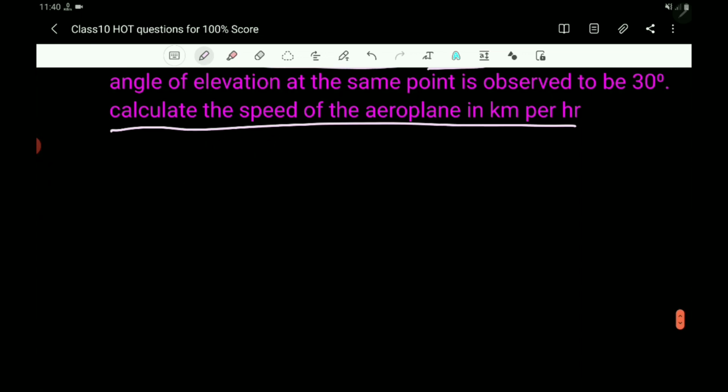So let us draw the sketch here. Consider it is a point from which the aeroplane is to be observed. Consider the aeroplane is here, that is at A, and it moves straight horizontally to the ground and reaches the point B. So P is the point at which the aeroplane is to be observed.